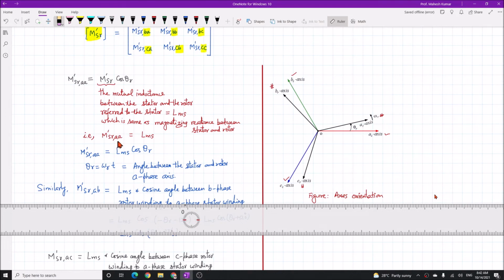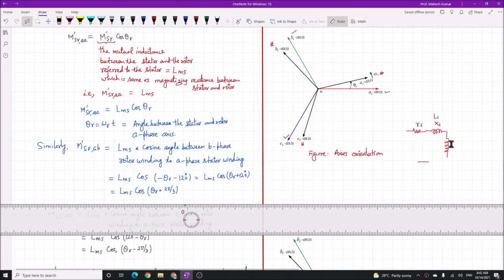The A phase current of the rotor linking to the A phase winding of the stator is nothing but the mutual inductance, LMS. So this mutual inductance is the inductance between the rotor circuit and the stator circuit.